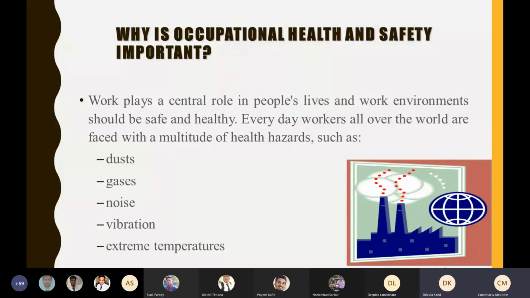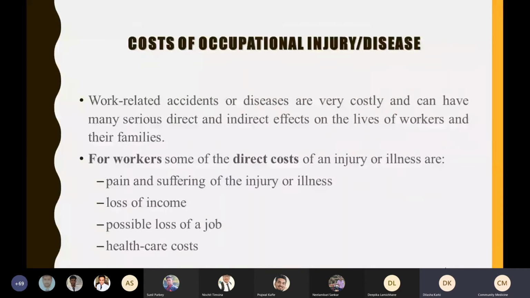If there is loud sound and it is not stopped, then it will definitely affect the hearing. Also, vibration can cause health hazards, and high and low temperatures can also lead to different types of diseases.